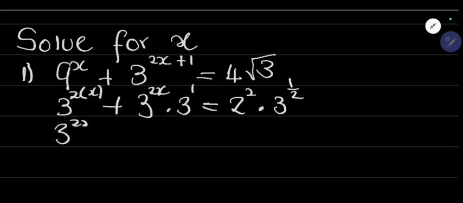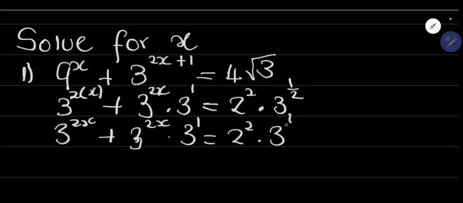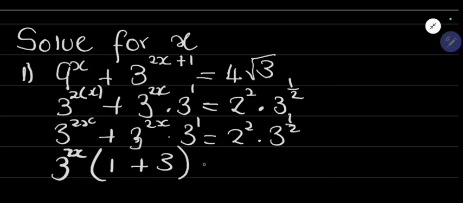So 3 exponent 2x plus 3 exponent 2x times 3 exponent 1 is equal to 2 exponent 2 times 3 exponent 1 over 2. Now you can simply see that 3 exponent 2x is common. You have it here and you have it there. So quickly take it out of the brackets: 1 plus 3, like that.